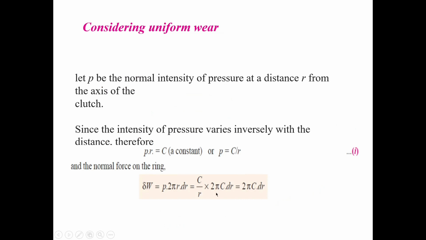And this one is commonly used for finding the intensity of pressure. Intensity of pressure is P, R is the radius, C is the constant. P is equal to C by R, or C is equal to PR. When required, we can use it.